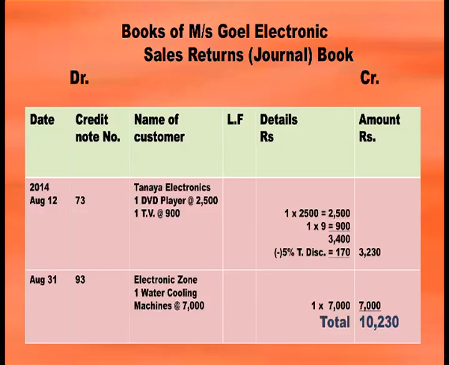As a heading you should write like that. Then you have to write sales returns book or sales returns journal. Then date, credit note number, name of the customer, ledger folio, details and amount. Now you have understood how to deduct the trade discount, every detail. So, this is how you have to prepare the sales returns journal or book.